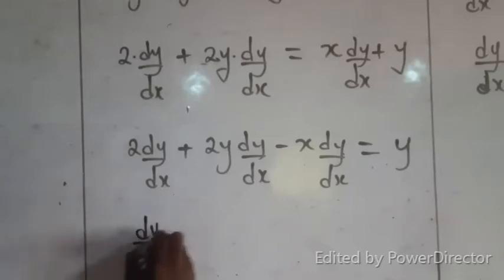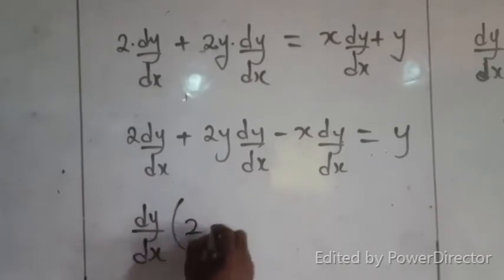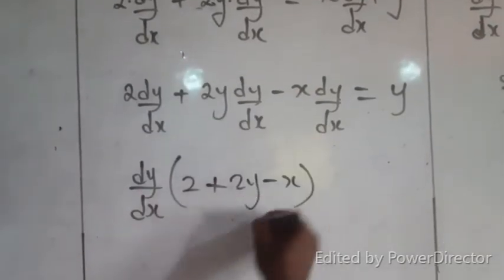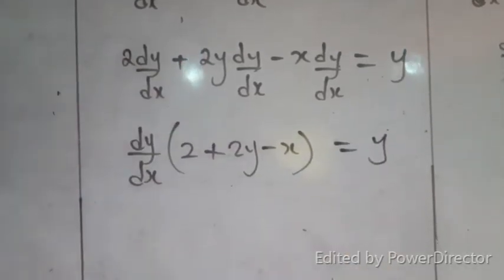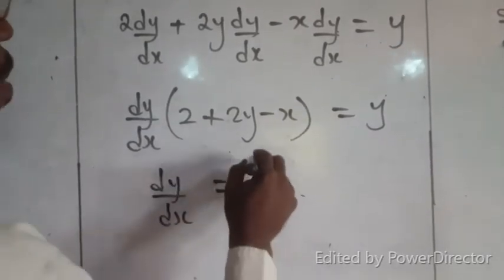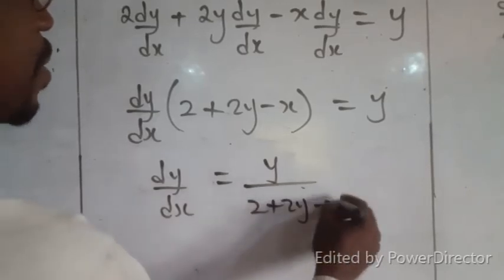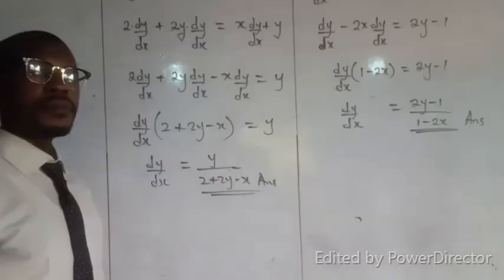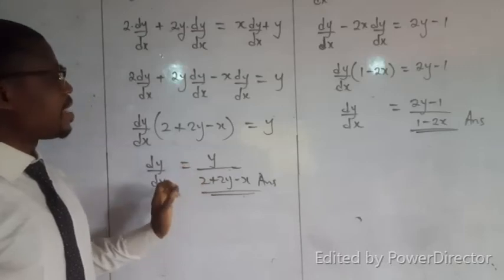So if I write dy dx as a factor of those 3 terms, I have here 2 left, here 2y left, and here minus x left, is equal to y. I will divide this out here. So dy dx will become y all over 2 plus 2y minus x. So this is just how to differentiate implicit functions. So this is the answer.